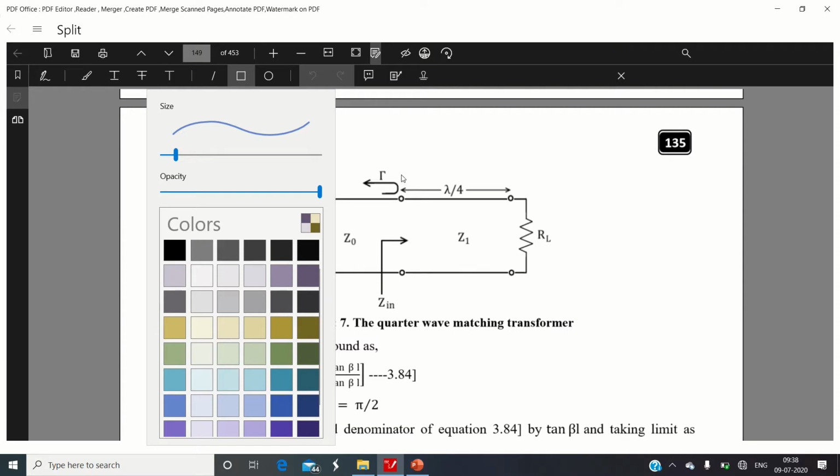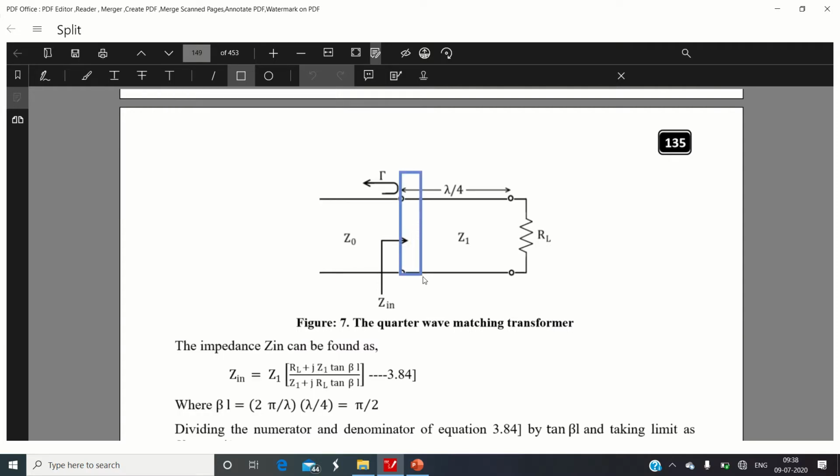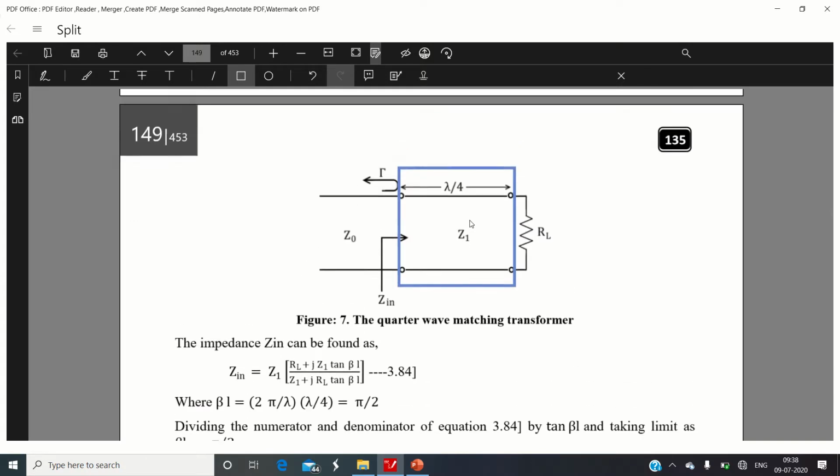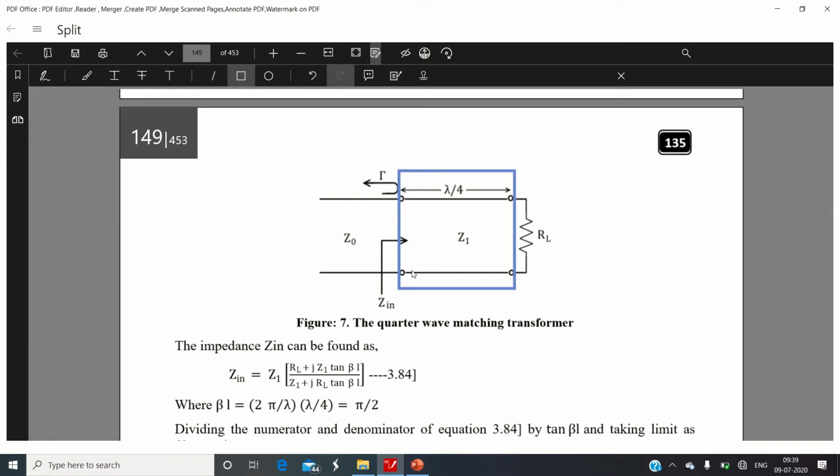The rectangle section I am showing contains the quarter wave transformer piece of line. Inside this blue rectangle, whatever portion of the transmission line is there is acting as a transformer, and the length of this transmission line is lambda by 4, or a quarter wave. That is why the name quarter wave transformer technique is given.